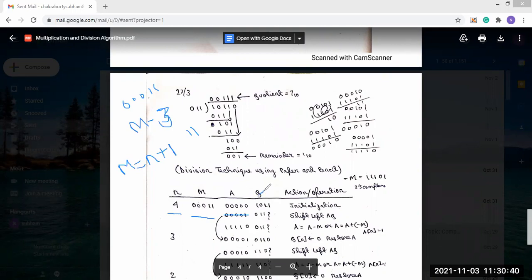But to represent the value in Q, we require only n bits. So 11 is represented using 4 bits, the binary form 1011. This is the first step, initialization. Okay, is it clear?